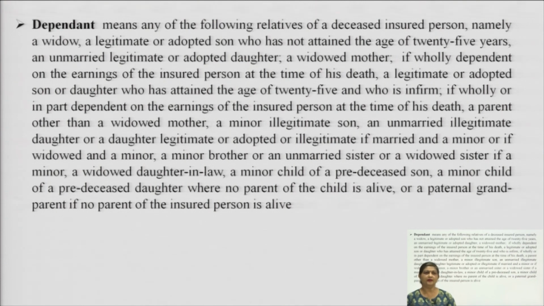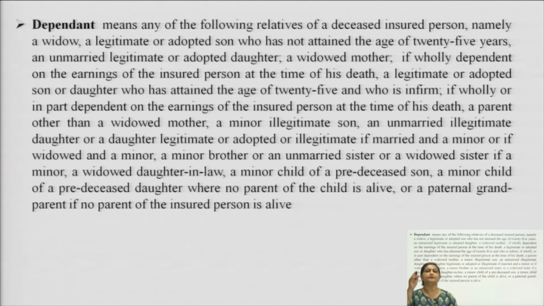If wholly or in part dependent on the earnings of the insured person at the time of his death: a parent other than a widowed mother, a minor illegitimate son, an unmarried illegitimate daughter, or a daughter legitimate or adopted or illegitimate if married and a minor, or if widowed, and a minor brother, or an unmarried sister or a widowed sister if a minor, a widowed daughter-in-law, a minor child of a predeceased son, a minor child of a predeceased daughter where no parent of the child is alive, or a paternal grandparent if no parent of the insured person is alive.